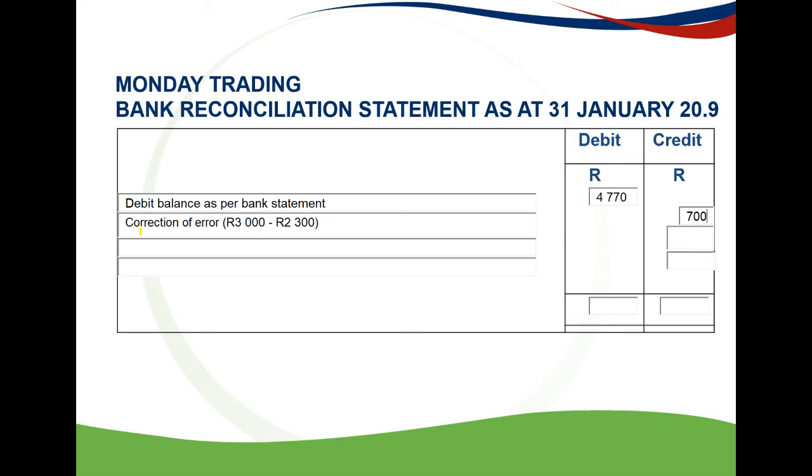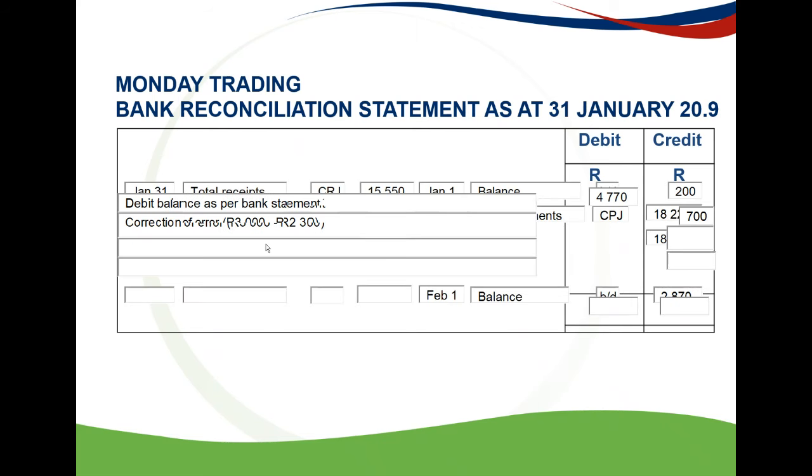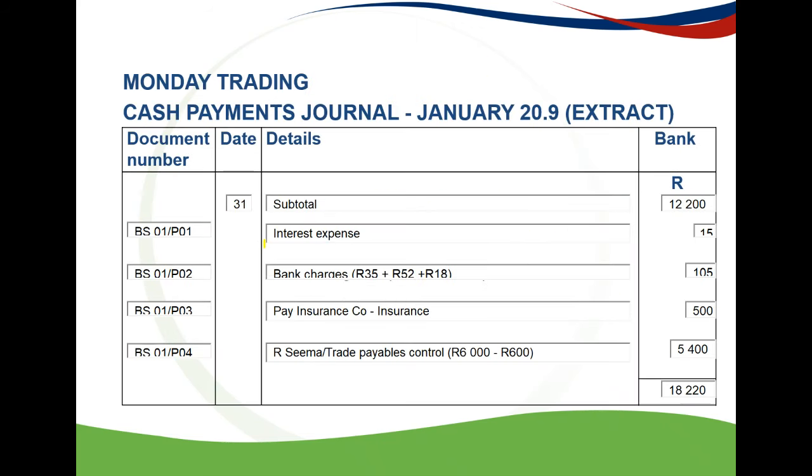Okay. Then we have the outstanding deposit. We have a credit of outstanding deposit. It is the 1,200.